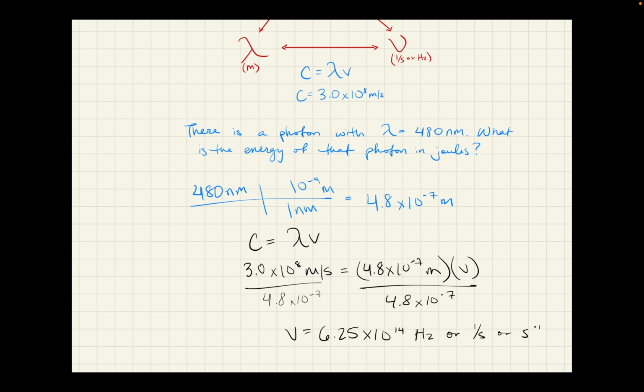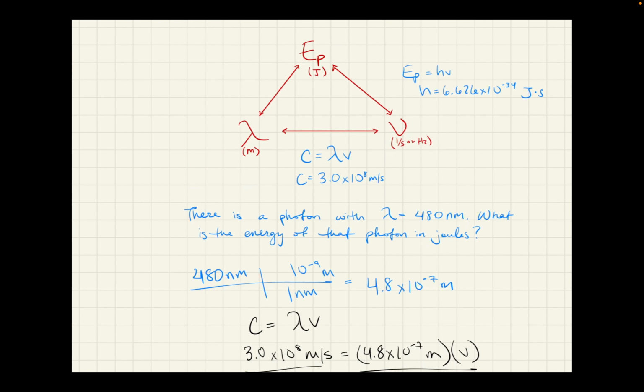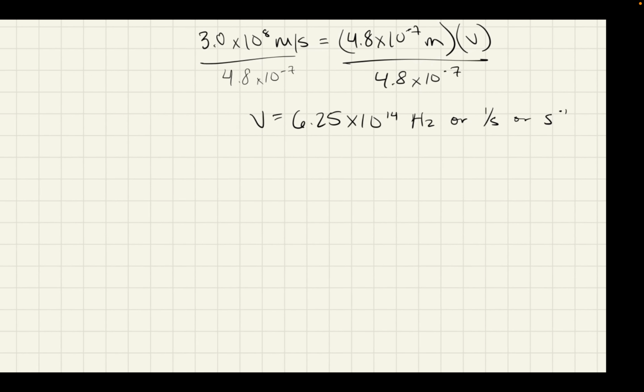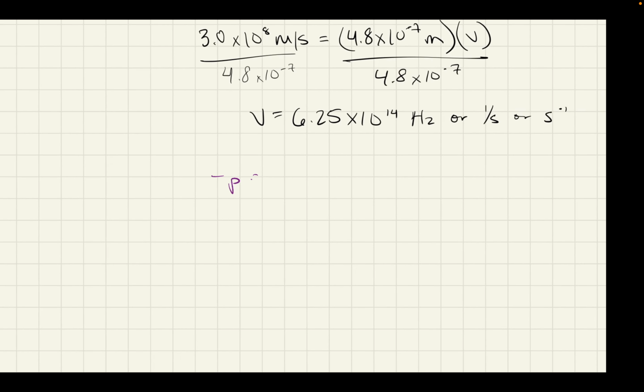All right, back to the triangle. Now that we know frequency, we can use this equation to get the energy of a single photon. Energy of a single photon is equal to Planck's constant times nu. Planck's constant would be given to you.